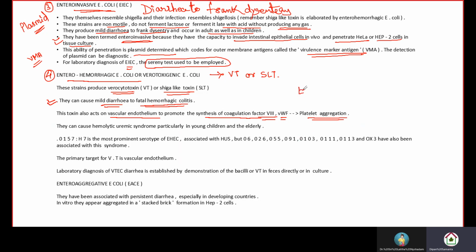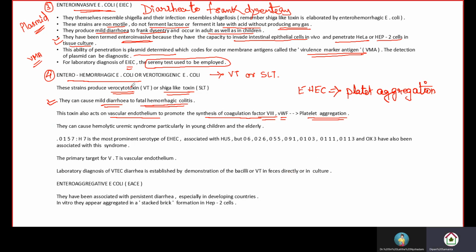So EHEC causes platelet aggregation. Remember. Why? How?